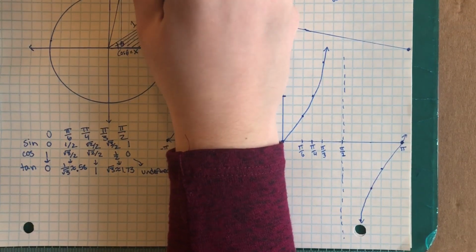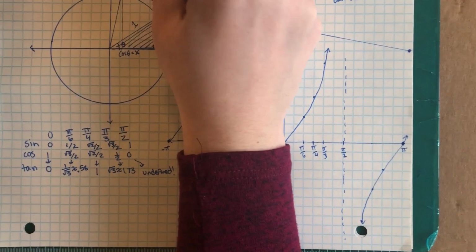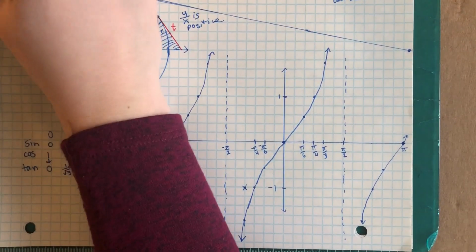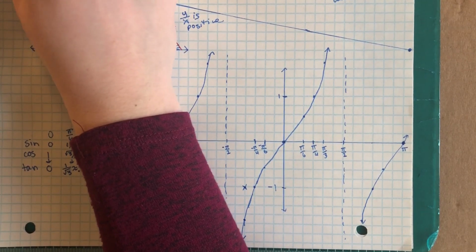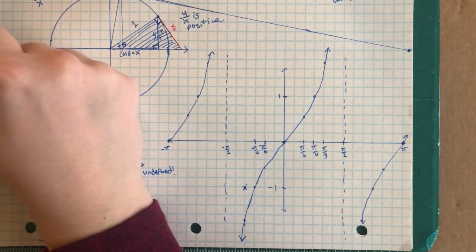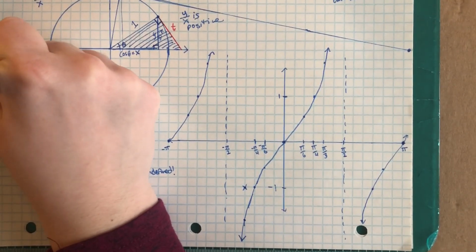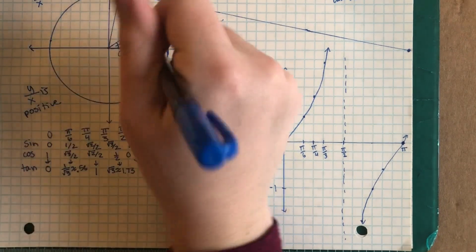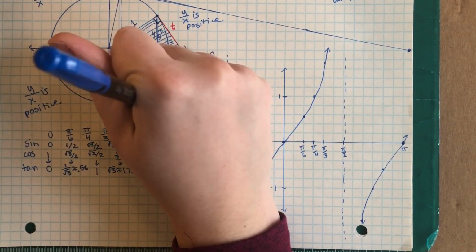So here, y over x is positive. Here, y over x is negative. Here, y over x is positive again because they're both negative. And here, y over x is negative.